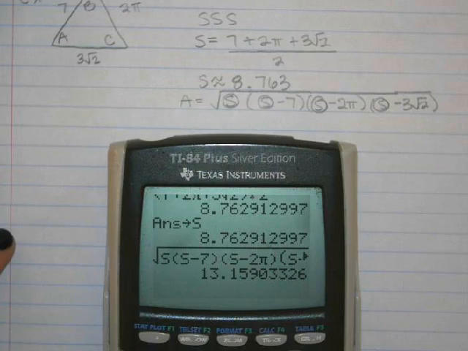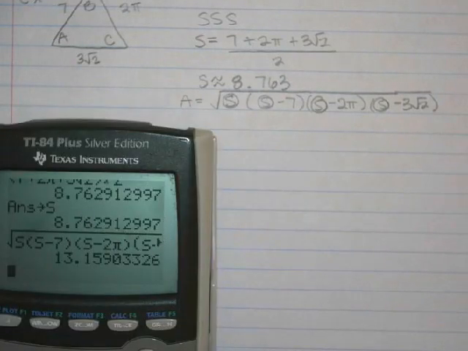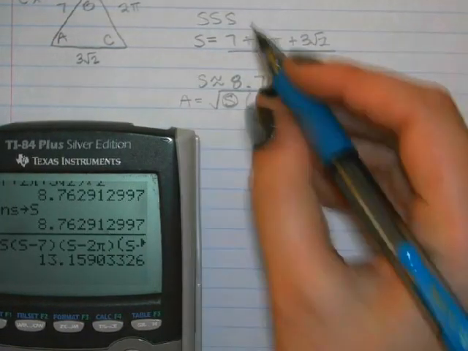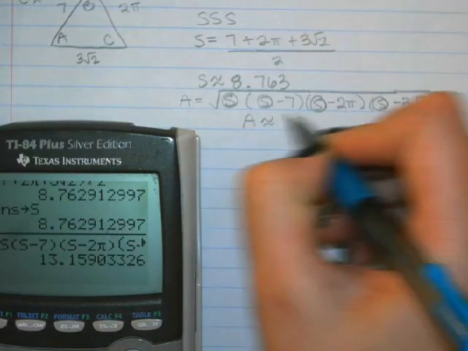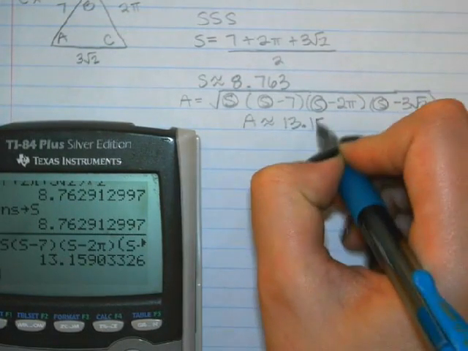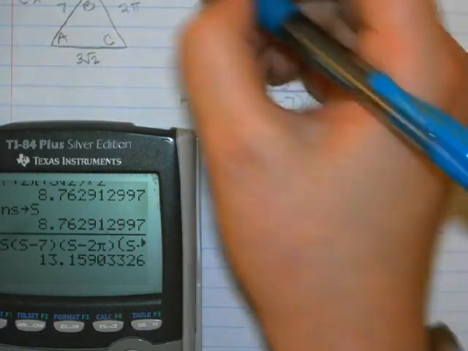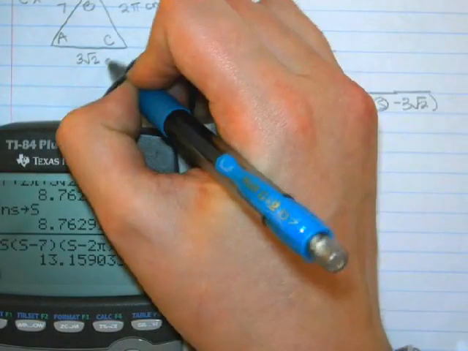It doesn't matter which order you... No, it's multiplication, so if you switch them around, you're fine. So your area is 13.159. Oh, I didn't put units. Centimeters.